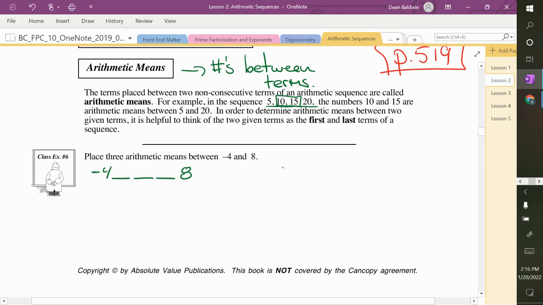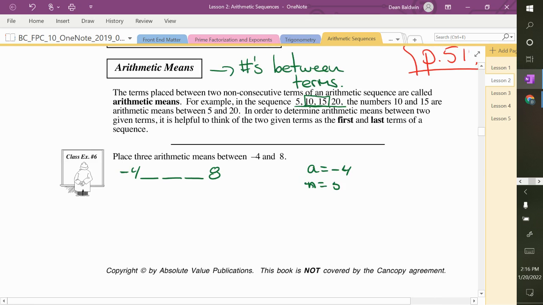And then I say, okay, in this sequence, what's my A value? -4. What is my N? How many terms are there in that sequence? There's 5 terms. Does everybody see that? 1, 2, 3, 4, 5. 5 terms.